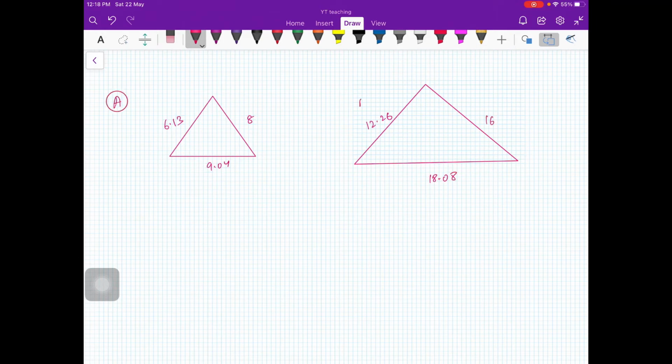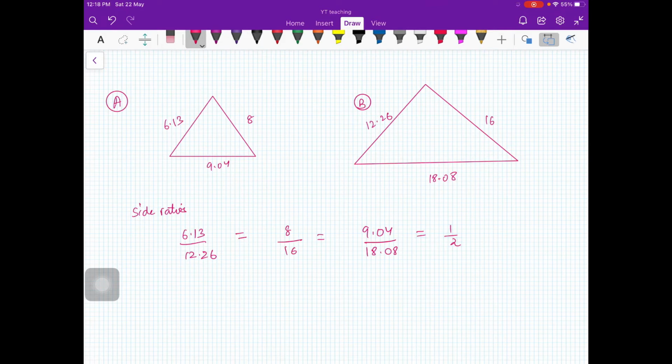So for triangle A and triangle B, side ratios: 6.13 upon 12.26 is equal to 8 by 16 is equal to 9.04 upon 18.08. So each equal to 1 by 2. Right?